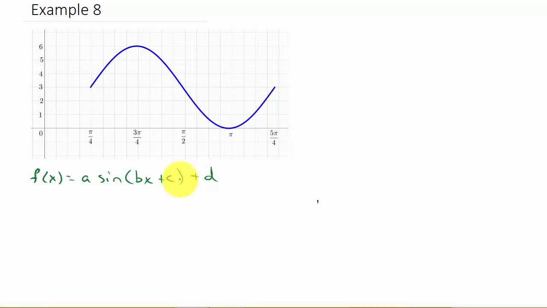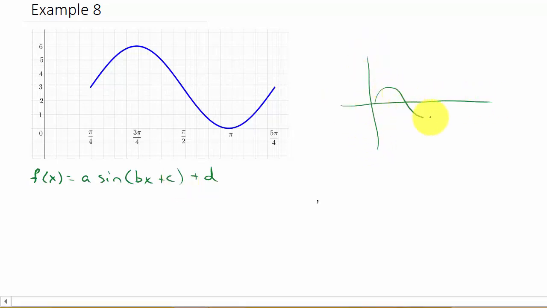All right, so with this one, let's go ahead and find d first. Okay, so you remember that a normal sine function looks like this. This goes through the middle of the graph, and what happens is this graph in this case is shifted up so many units.